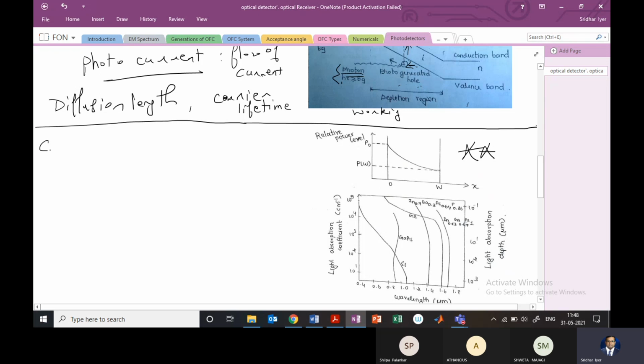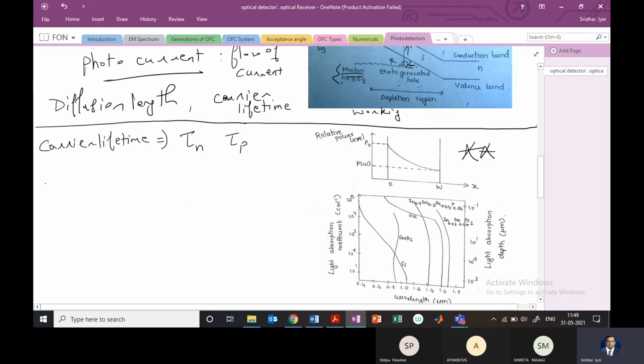Let the carrier lifetime be denoted as tau n and tau p, where the subscripts n is for the electron, negative, and p is for the holes, positive.